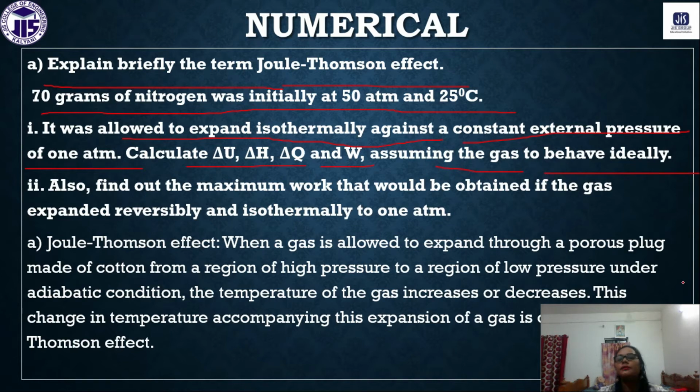Also you have to find out the maximum work done that would be obtained if the gas expands reversibly and isothermally to 1 atmospheric pressure. So this is the question.